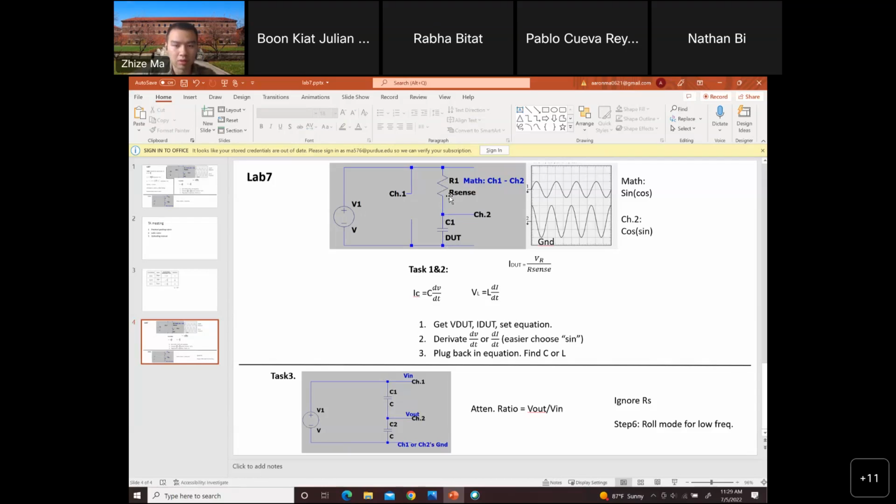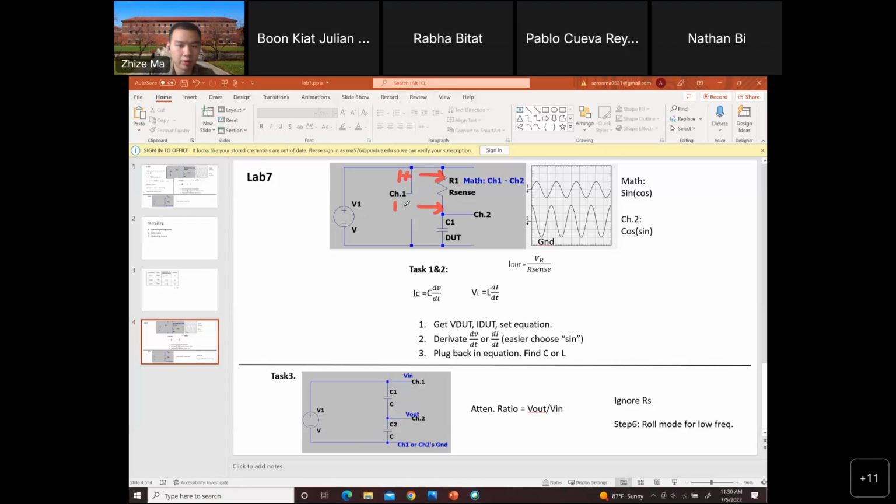So how you can get the current across the resistor is you measure the voltage across the resistor here, and you divide by R sense, then you get the current. If you're using the AD2, you don't need to use the math function here. What you can do is use channel 1 plus here and put channel 1 minus right here.